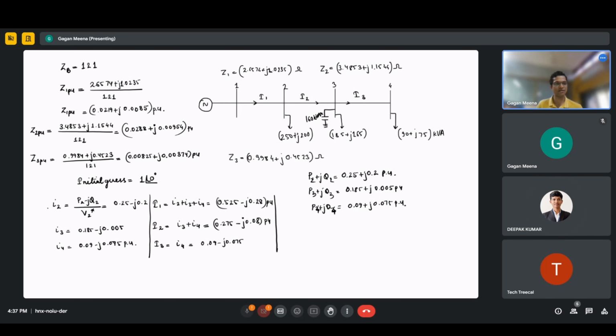Now we know the load currents and the branch current. How do we calculate voltage?